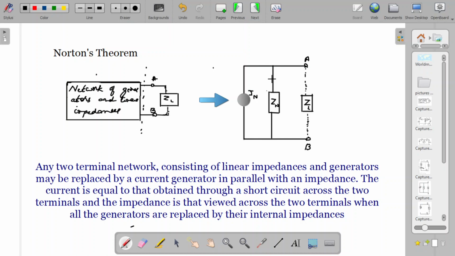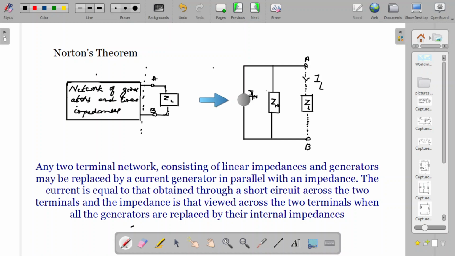Then using this simplified circuit, you can easily find the current flowing through this load. Now we can make a definition for Norton's theorem. One more thing is that when you make an equivalent current source, you must know how this current source and this impedance are found.